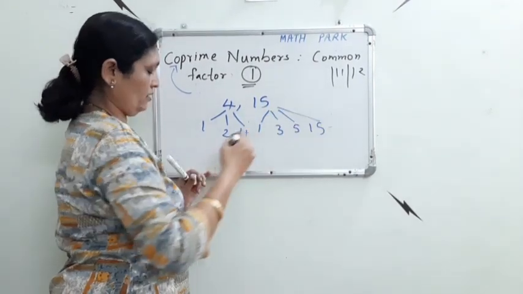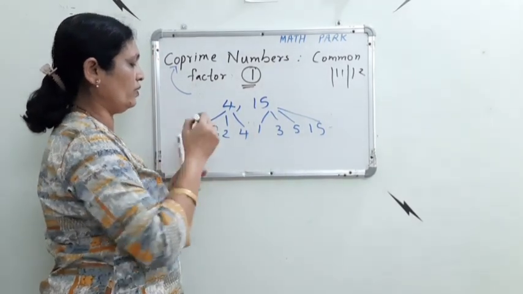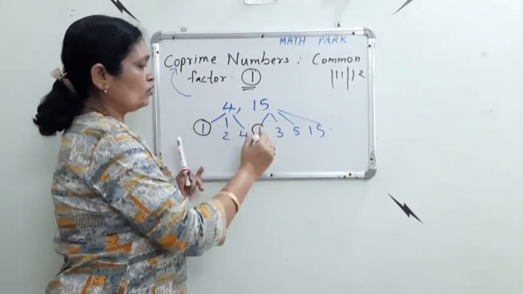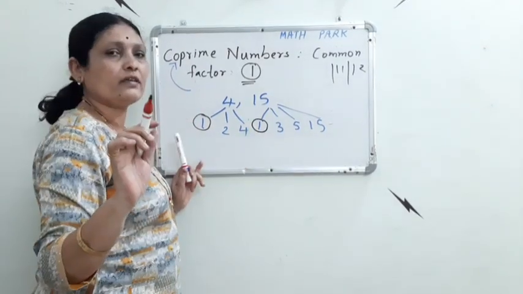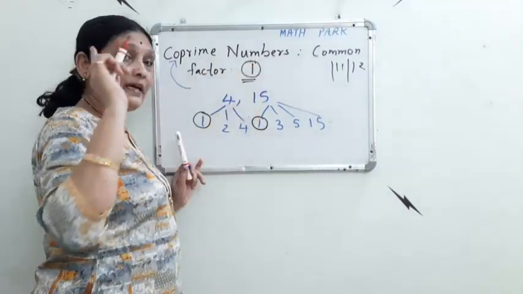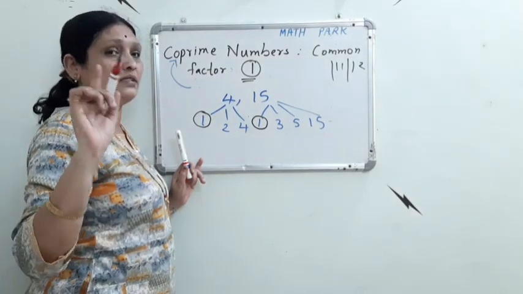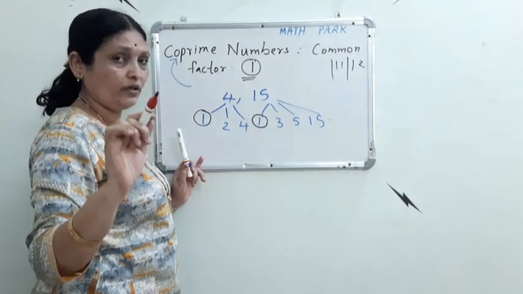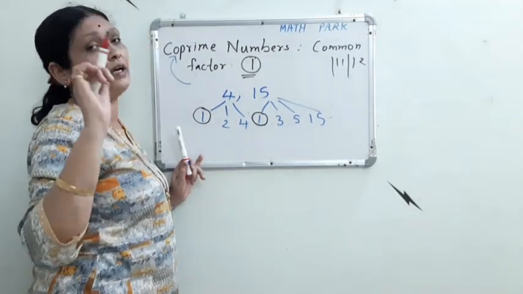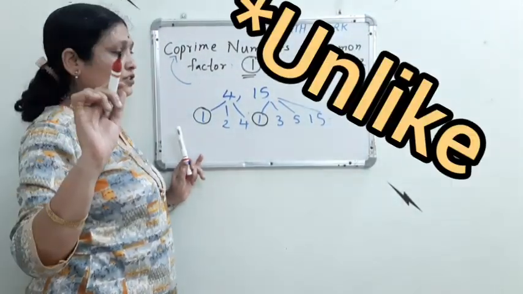We can see that the common factor again is 1. So 2 numbers which have 1 as their common factor are called coprime numbers, and the LCM of coprime numbers is their product. This is very important when you are finding the LCM while adding and subtracting unlike fractions.